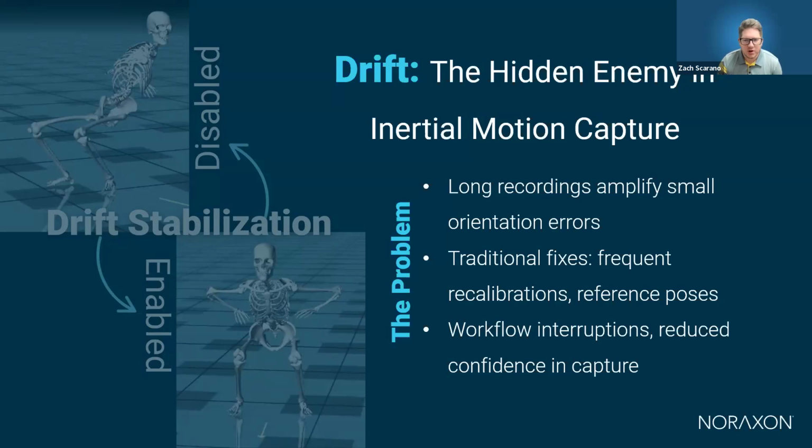The usual workarounds that we've employed over the years, like reference poses or recalibrations, disrupt the workflows and I think really just take away from overall user confidence. It makes the use of the system not very practical in some cases.